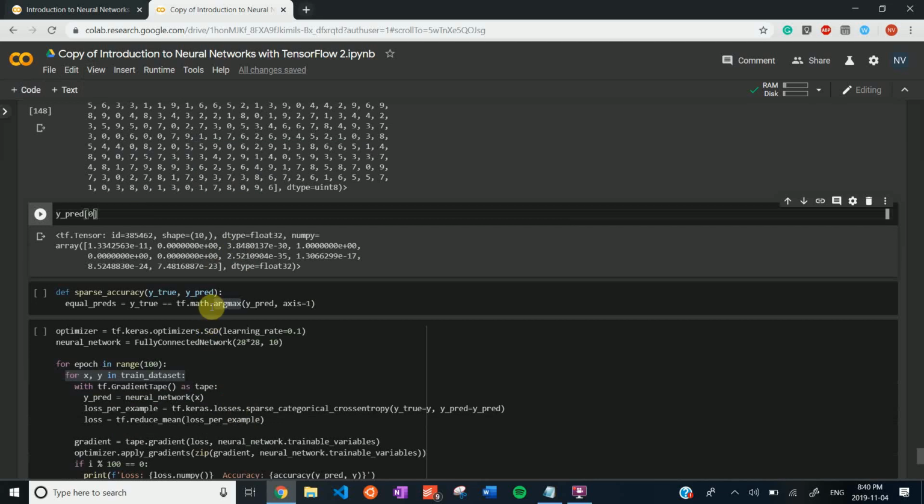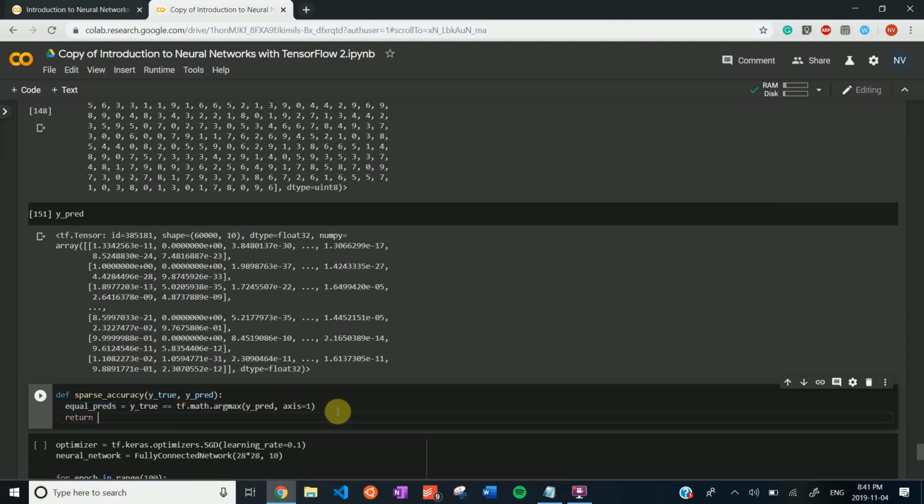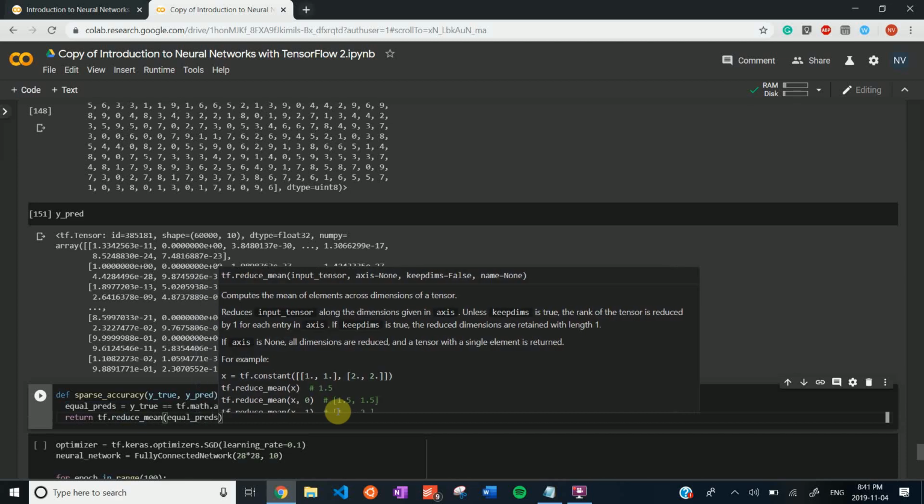So this tf.math.argmax finds the index of the maximum value of this, and it does this for every row in the data set. Y true are these indices already. And so this function is basically saying, all right, is our prediction the same as what the ground truth says? And we're just going to return the exact same thing we did before, which is reduce mean of equal predictions.